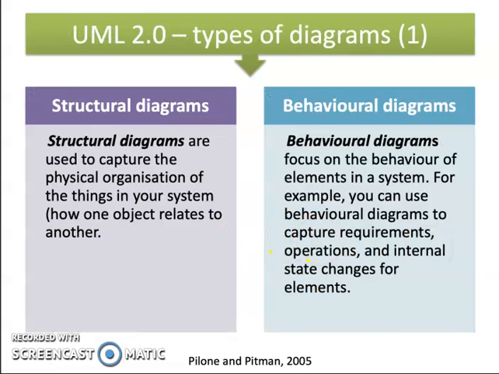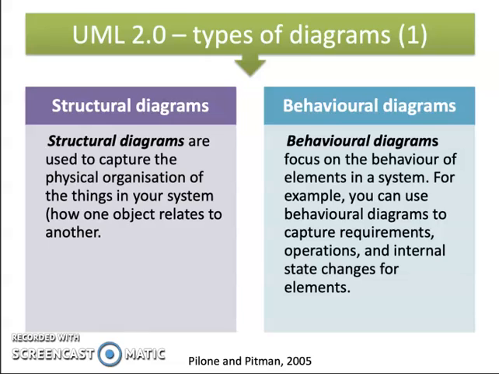So a UML model is made up of many diagrams. A diagram graphically represents things and the relationship between these things. So these things can be representations of real-world objects, software constructs, or a description of the behavior of some other object. UML 2.0 divides diagrams into structural diagrams and behavioral diagrams.